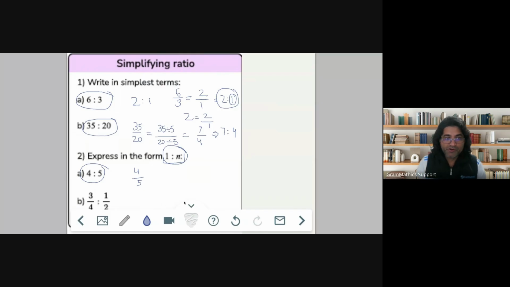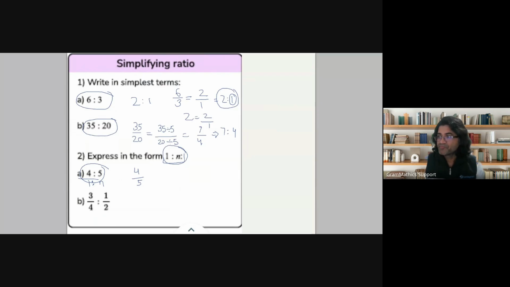Look, for this type of question, a decimal is also acceptable. No, it's not 4:5n. It is 4:5, but we have to express it as 1:n, which means 4 becomes 1. So what is 5 when 4 becomes 1? The answer can be in the form of decimals or fractions, as I said.